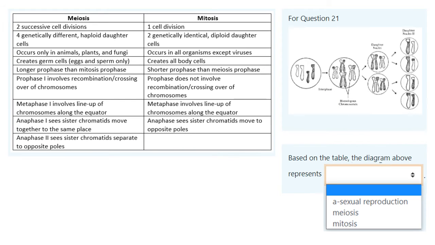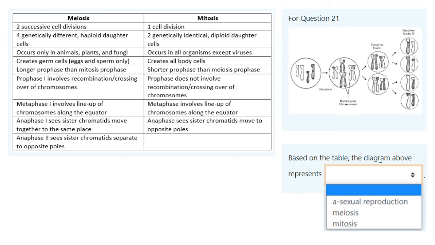Now, questions 21 and 22 are looking at the difference between meiosis and mitosis. In meiosis, there are 2 successive cell divisions, but in mitosis, there is only 1 cell division. In meiosis, you get 4 genetically different haploid daughter cells, whereas in mitosis you get 2 genetically identical diploid daughter cells.